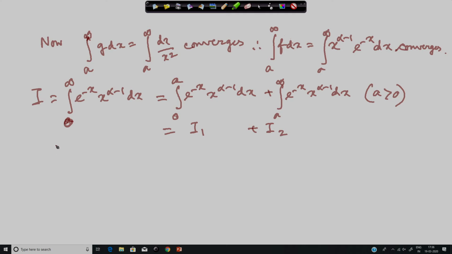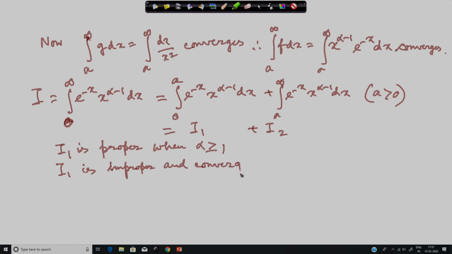So, what we have seen is that I1 is proper when alpha is greater than or equal to 1, and I1 is improper and convergent when 0 is less than alpha less than 1, because for alpha greater than or equal to 1 it is proper.